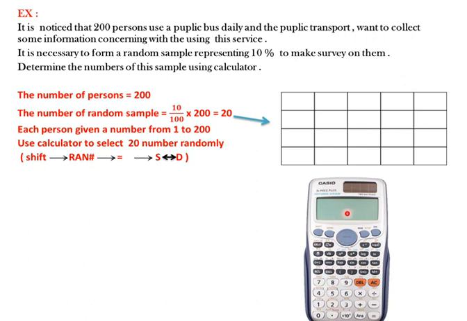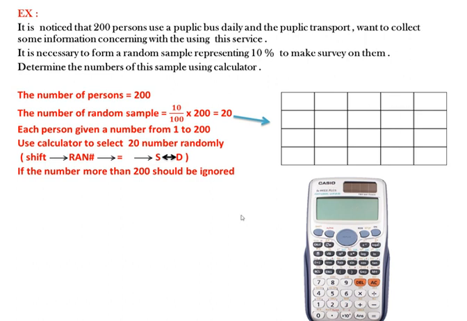Here at the calculator, press shift, then ran, then equal, then S-D, then write the number here. But the question here: if the number is more than 200, this number should be ignored. Try to get the 20 numbers.